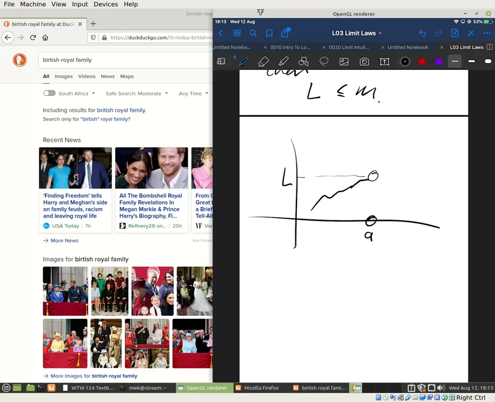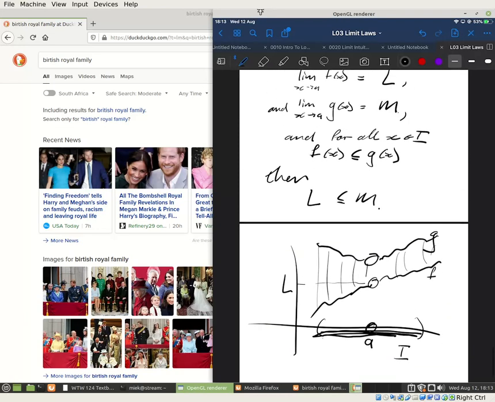So f is defined on an interval, let's say I. So over here is an interval I containing A. Let's say the graph of f looks like that, and let's say the graph of g looks like this. So everywhere on this interval I, g is bigger than f.